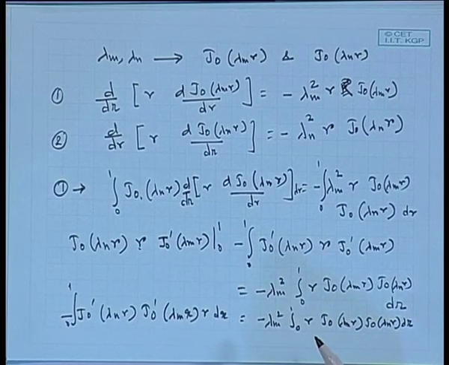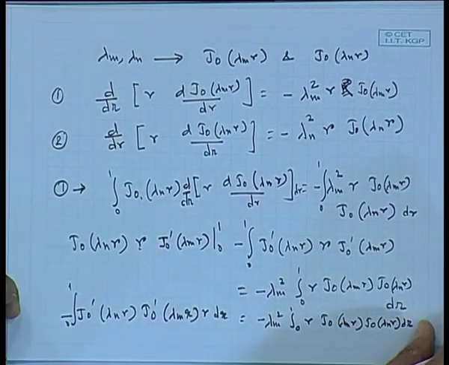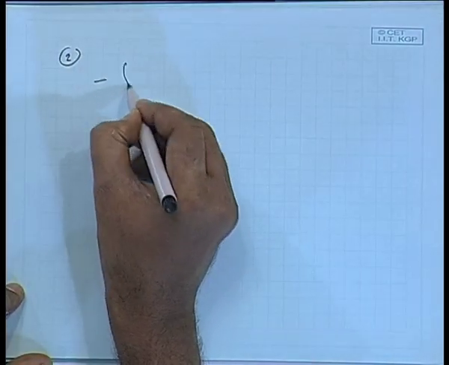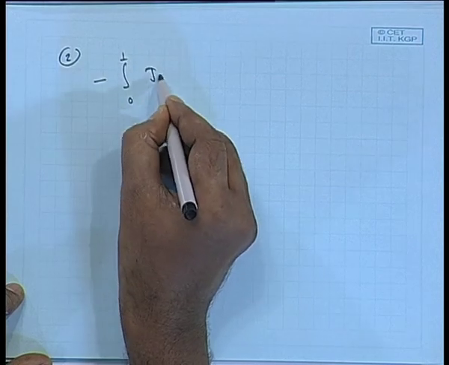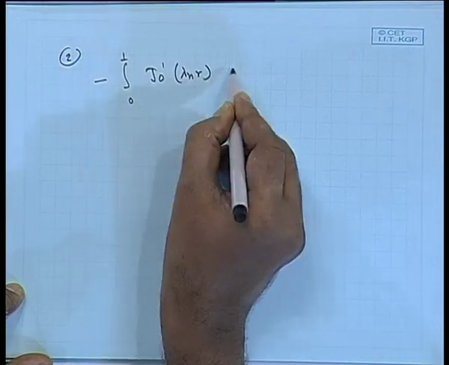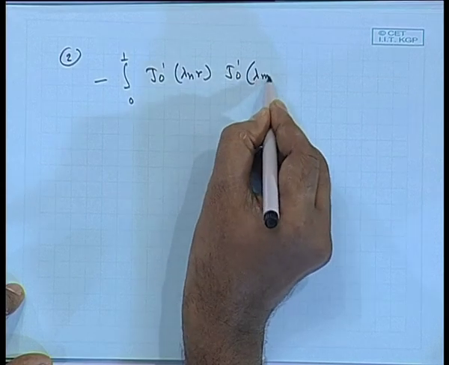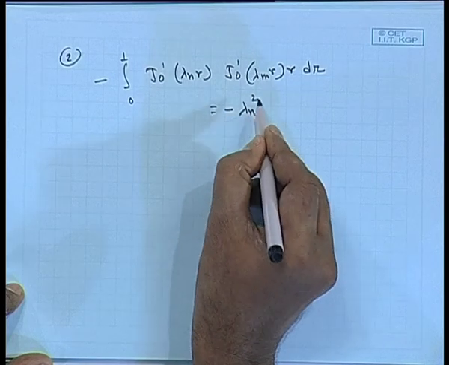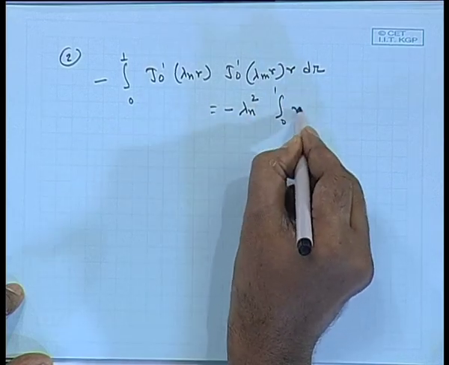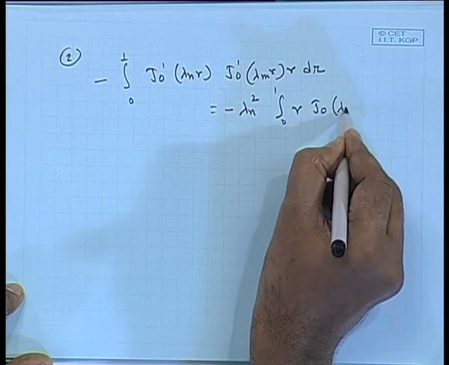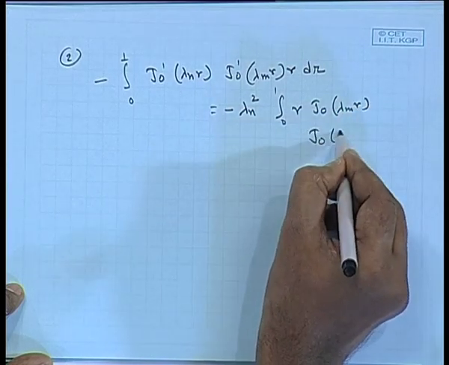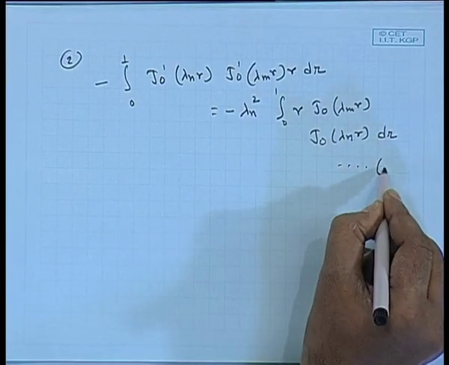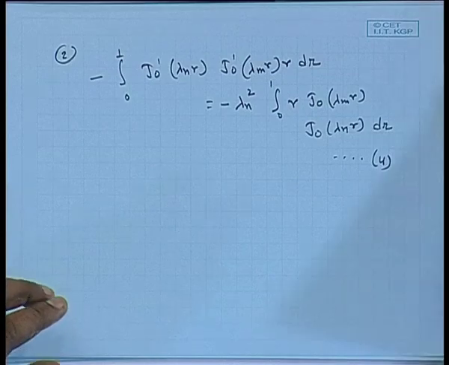Then subtract. From equation number 2, you will be getting minus integral 0 to 1 J0 prime lambda n r J0 prime lambda m r, r dr is equal to minus lambda n square integral 0 to 1 r J0 lambda m r J0 lambda n r dr. Let us say this is equation number 4 and the previous one is equation number 3.